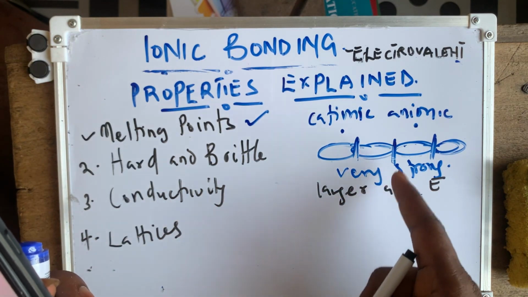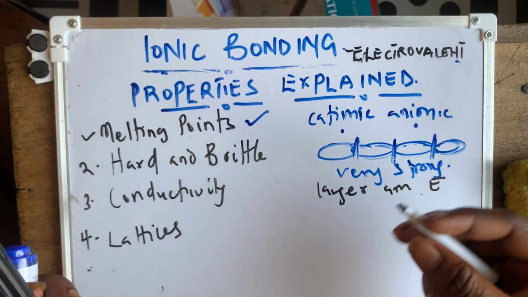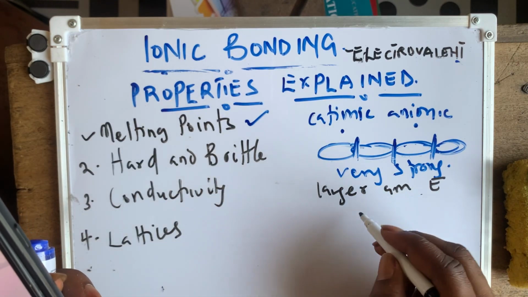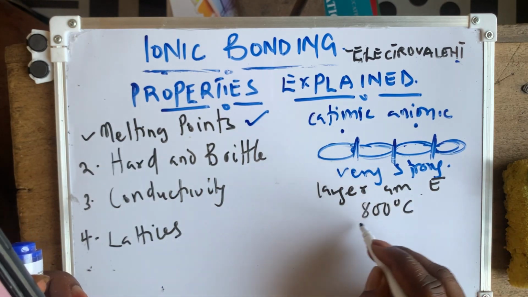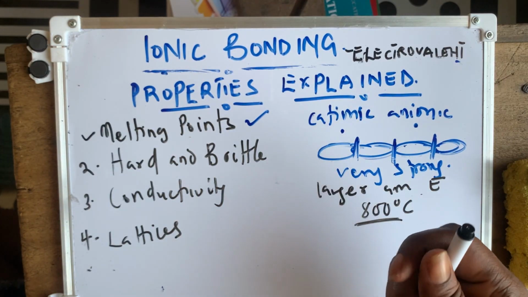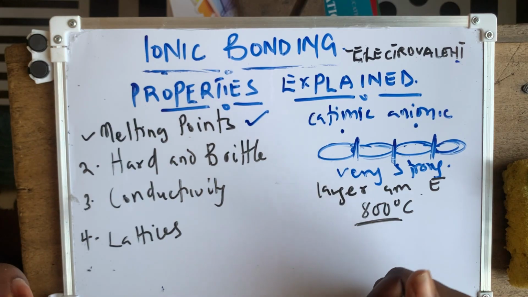To break the ionic bonds from the crystal. So for example, sodium chloride has a melting temperature of 800 degrees. That is, you need an energy close to or above 800 degrees before you can melt sodium chloride.